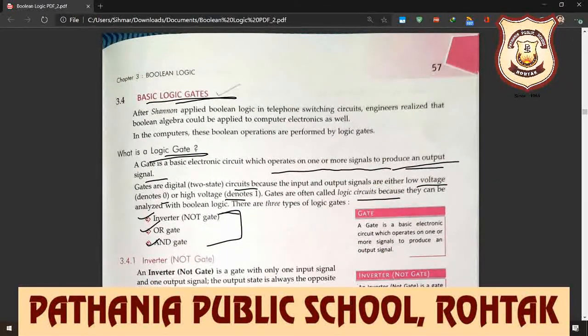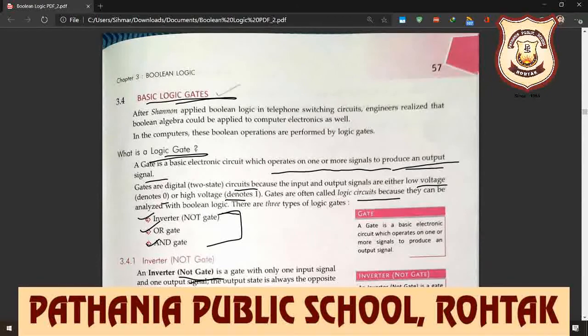In NOT gate, an inverter, NOT gate you can say, is a gate with only one input signal and one output signal. The output state is always the opposite of the input state.